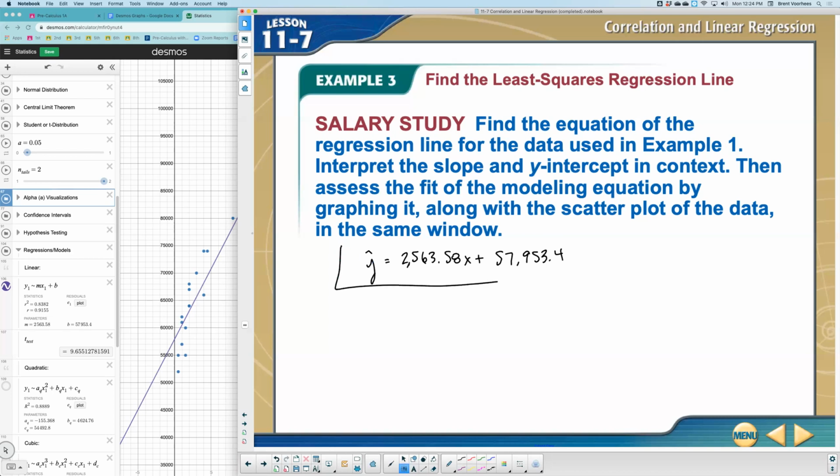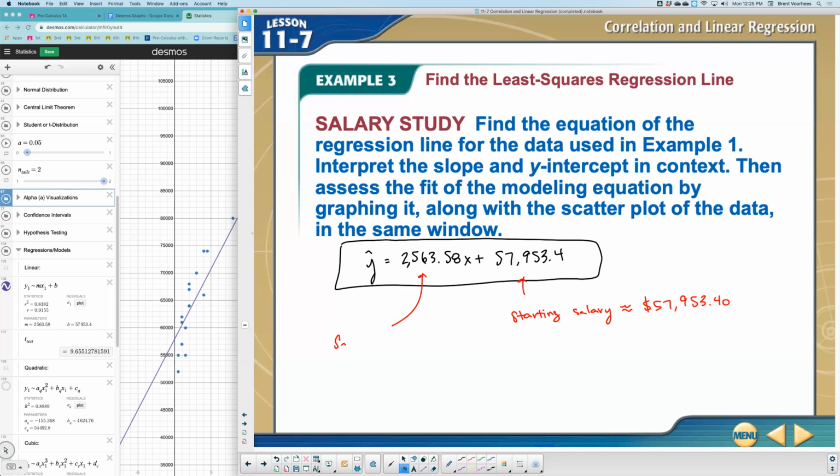Okay, so in this context, what does this mean? Here's my equation right here. What does this mean in this context? It means that the starting salary, that's the y-intercept, is approximately $57,953.40. That's the starting salary. And for the slope, it's talking about every extra year you've worked.